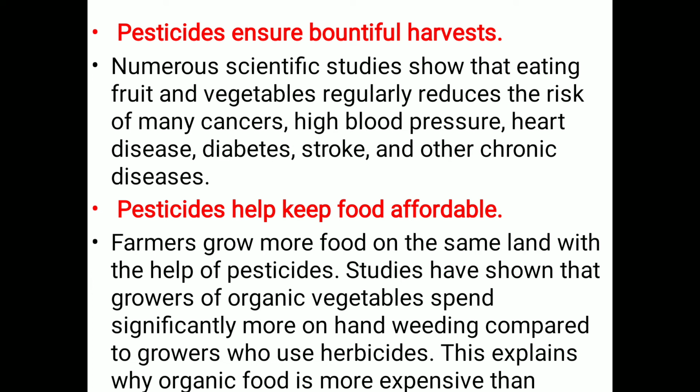Instead of that, for completion of the life cycle of the crop, near about 2 to 3 weedings are required, and for those 2 to 3 weedings more money is required.